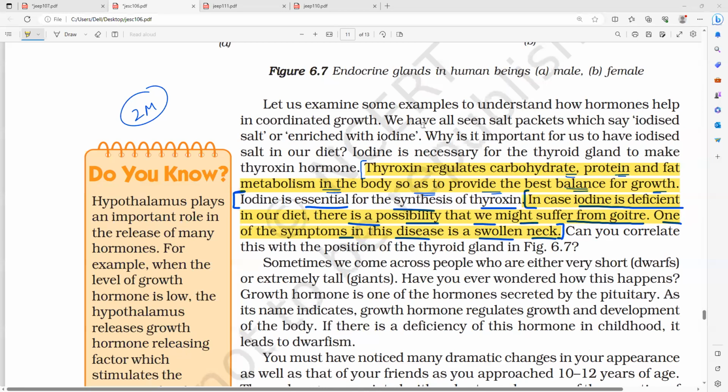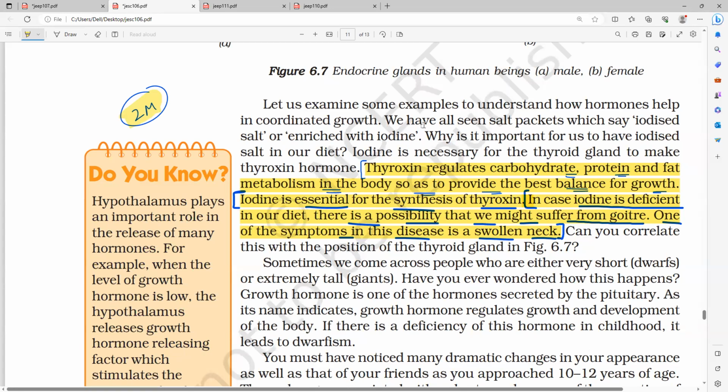The thyroid gland enlarges and it looks like a swollen neck. If you write both these points, you'll be awarded 2 marks. Basically, the marking scheme will be like that only. So all of you remember, if iodine is not sufficient in our body, thyroxine is not secreted. You have to write those 2 things.